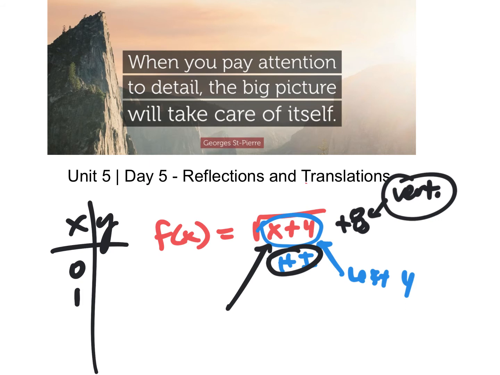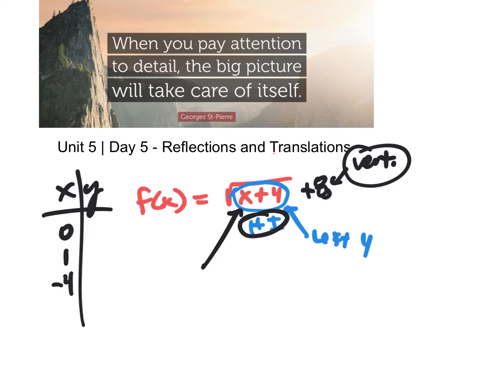Okay, so think about that for a second. What would make the inside part 0? -4 would. Okay, so -4 would be a smart thing to put in. Remember, you get to pick what numbers you put in. You're just going to have to make like 3 or 4 points that are on the graph.